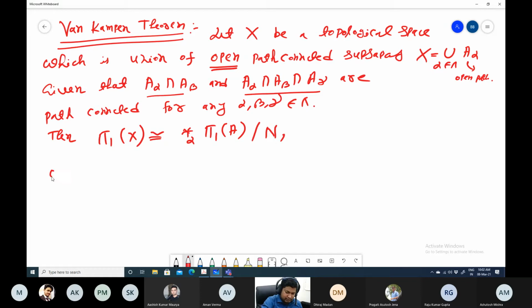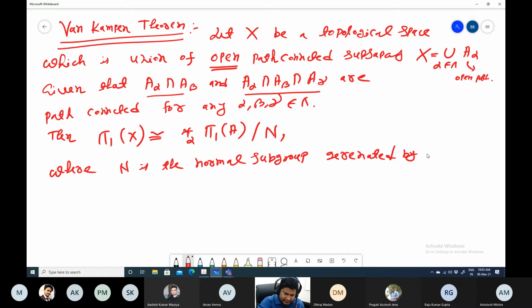Now what is N? Where N is the normal subgroup generated by this one: omega_alpha_beta(w) times omega_beta_alpha(w) inverse, where this w belongs to pi1 of A_alpha intersection A_beta.